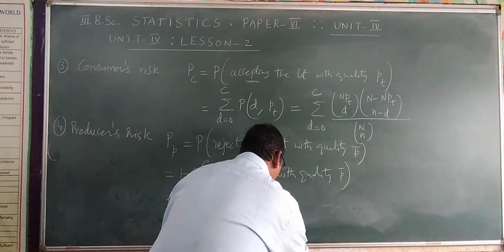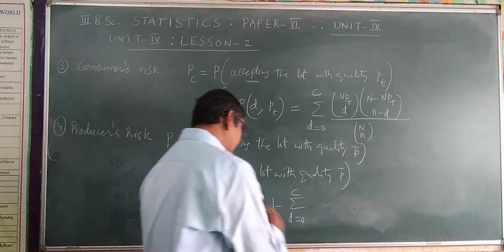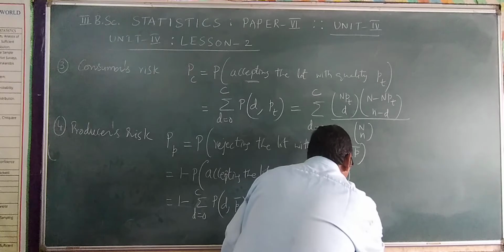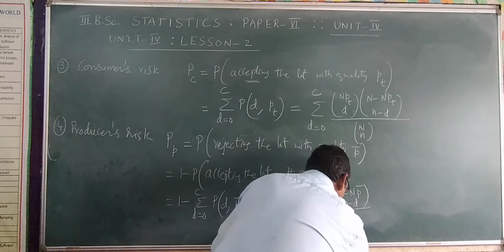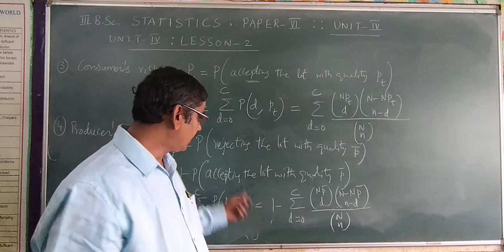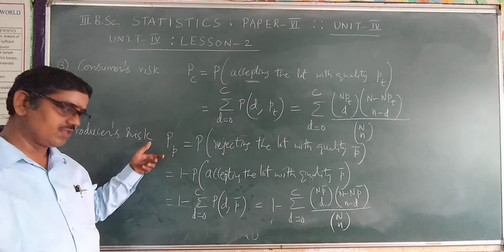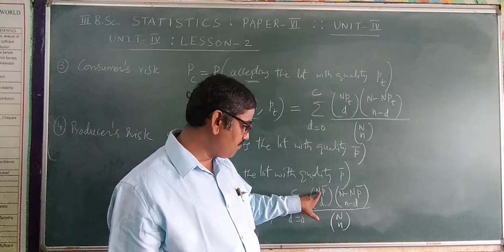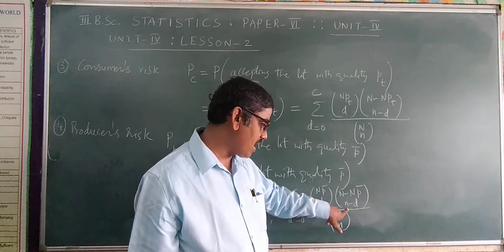Therefore it is 1 minus summation d is equal to 0 to c, np bar cd multiplied by n minus np bar cn minus d divided by ncn.